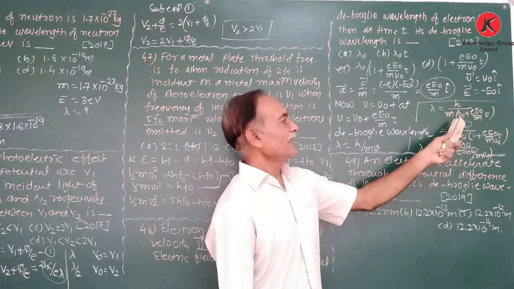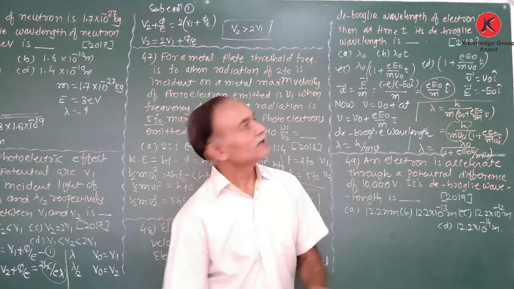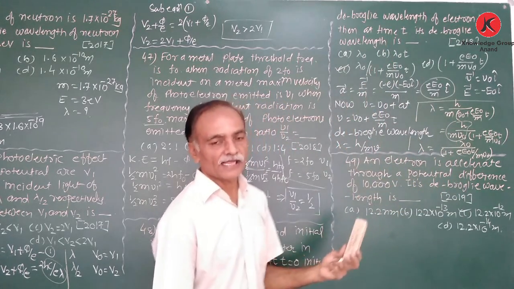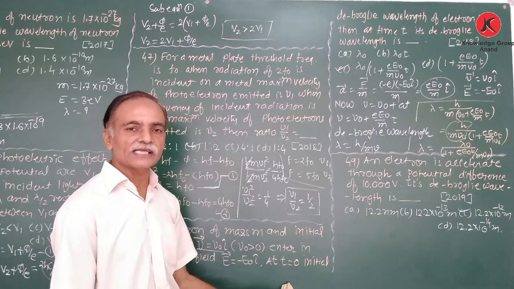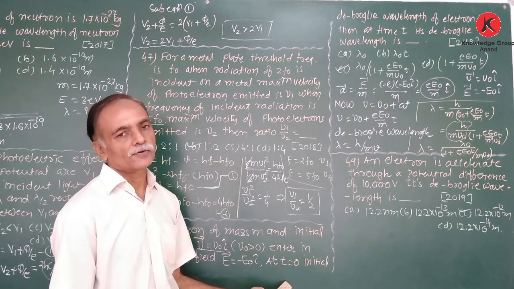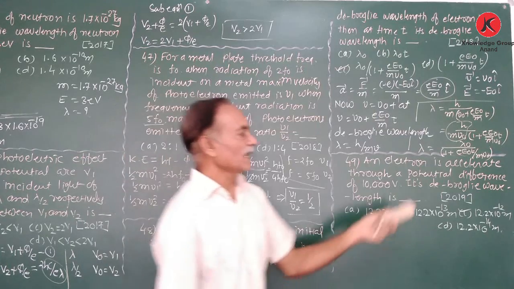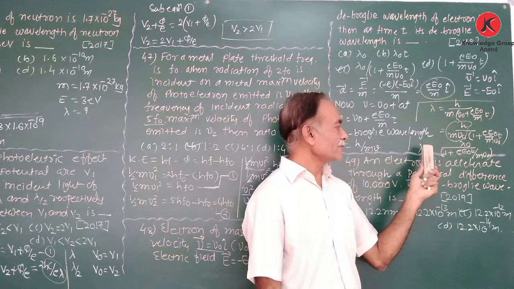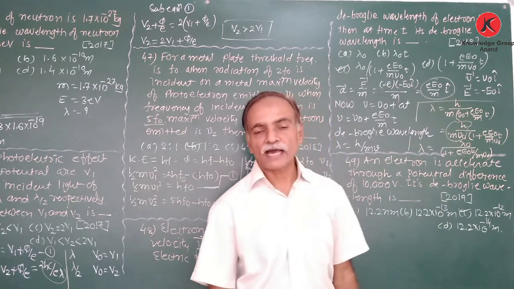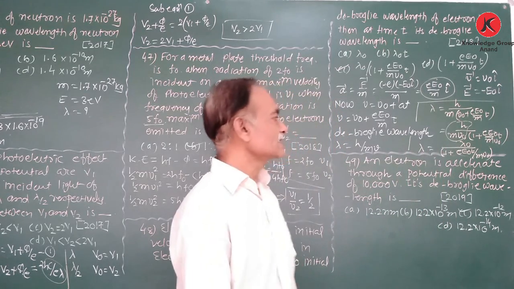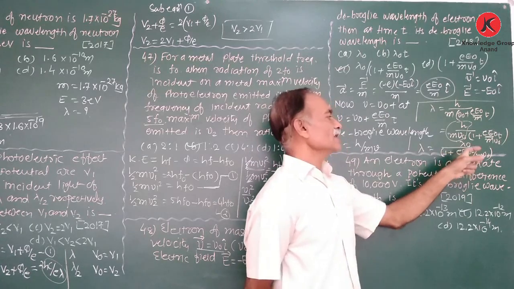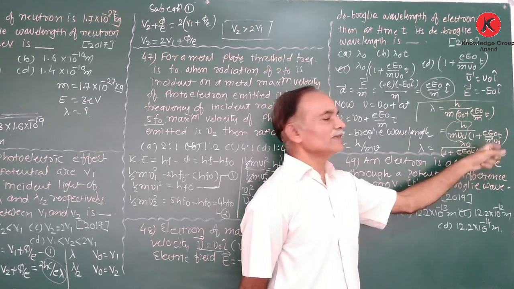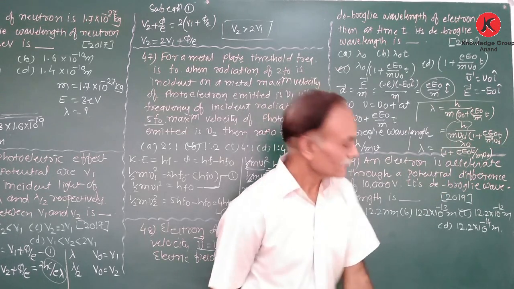But we know that h upon m v0 is lambda 0. Clear? Therefore, the answer: the de Broglie wavelength of an electron at time t is lambda = lambda 0 upon 1 + e E0 upon m v0 into t.